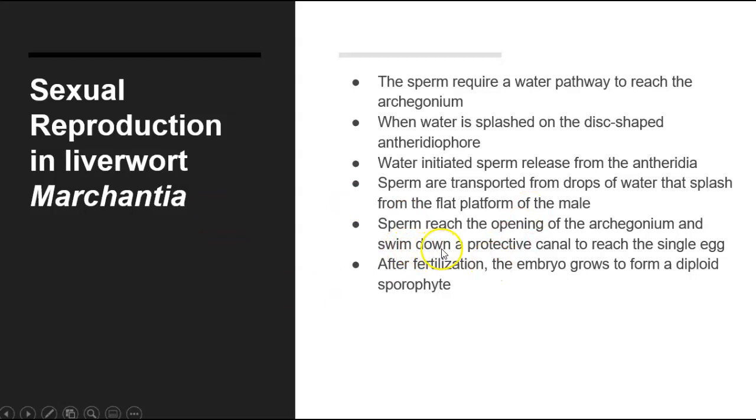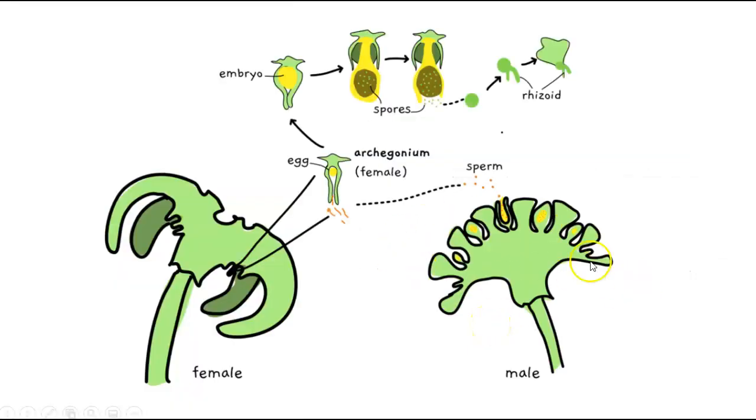The sperm then reach the opening of the archegonium and swim down a protective canal to reach the single egg. And then once it reaches the egg, fertilization can occur, and the embryo will grow to form a diploid sporophyte. And of course, from there, the spores can travel.